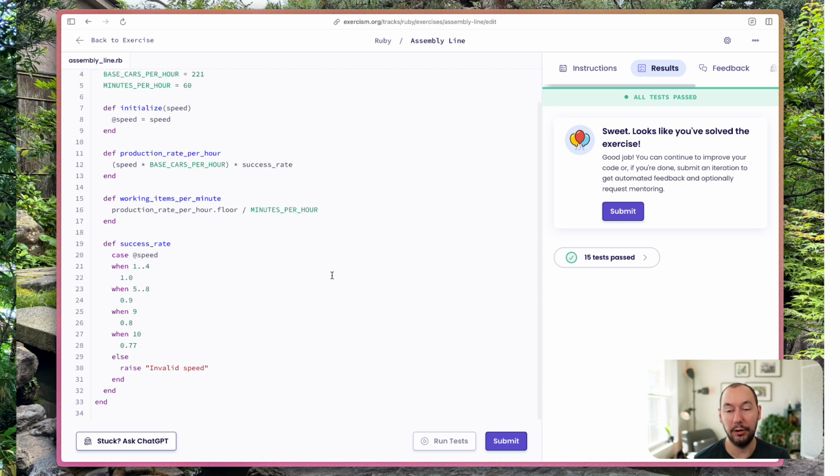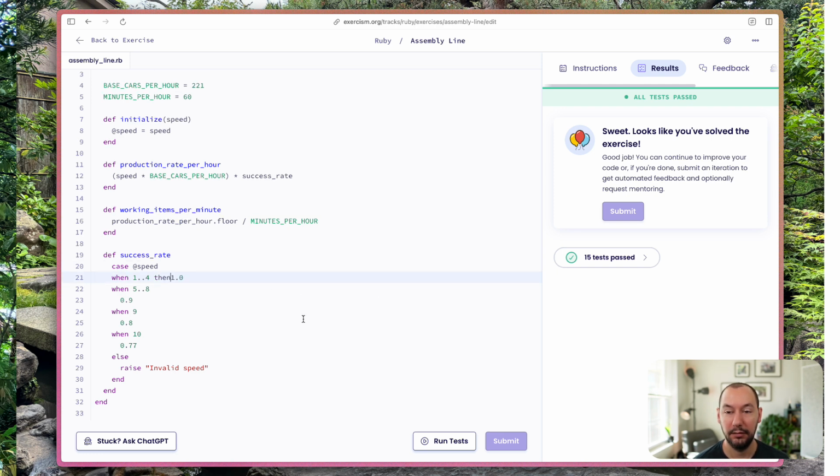So this code is long, 33 lines of code, and a lot of that's because of our case statement. So maybe we can try the when then, right?